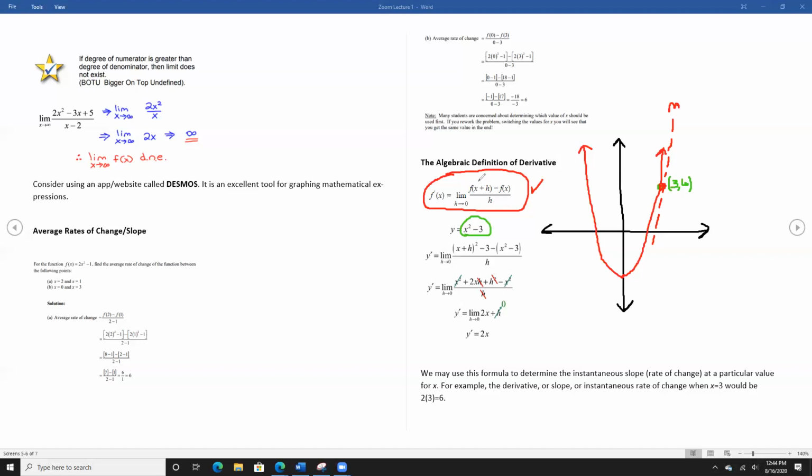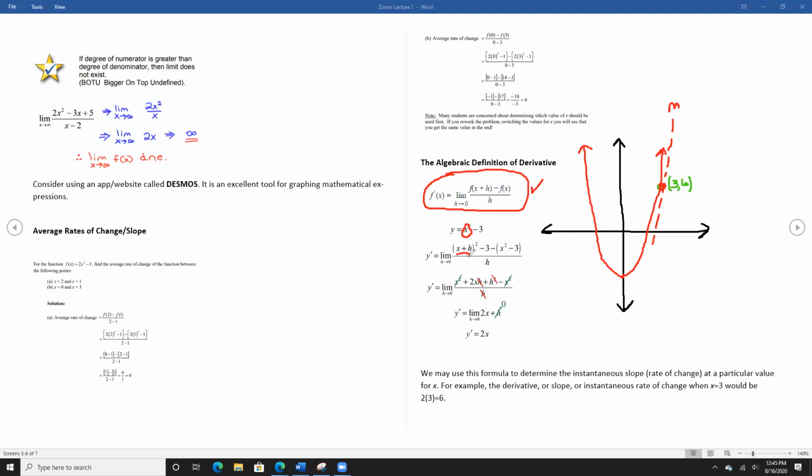So f of x plus h means that I have to go back into the original equation and substitute in x plus h everywhere I see x. Notice that I have x here in the equation. And according to the formula, I first have to introduce x plus h in place of x.